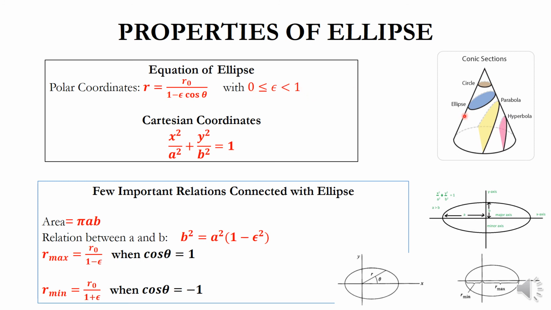You can see that cutting the cone like this provides an ellipse. When cut like this it becomes a parabola, and like this a hyperbola. In Cartesian coordinates, the elliptical equation is x squared by a square plus y square by b square is equal to 1.